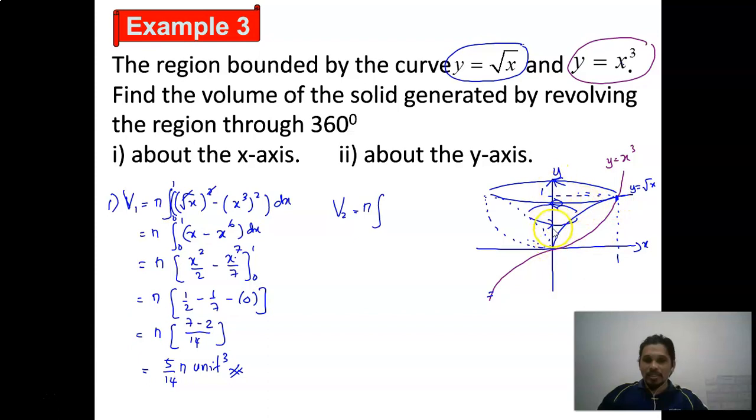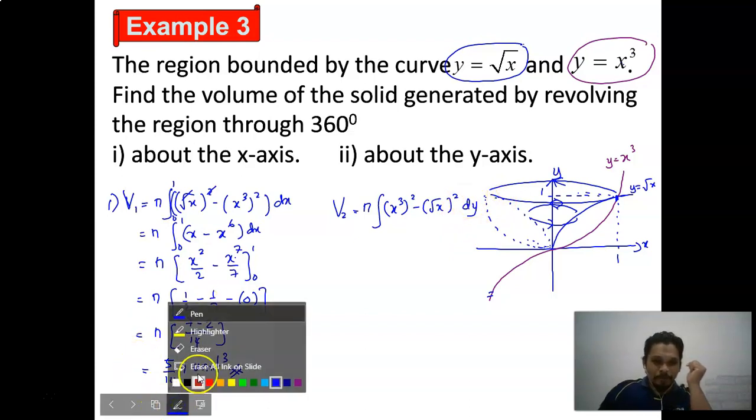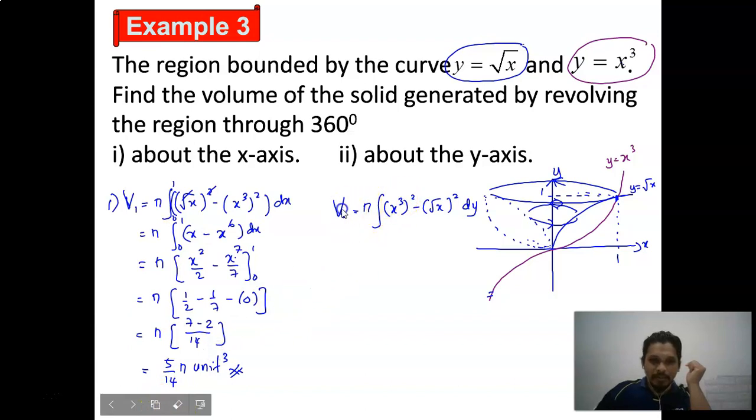So in this case we come up with x cubed squared minus square root of x squared dy. With respect to y, we need to make some adjustment here. Sorry.